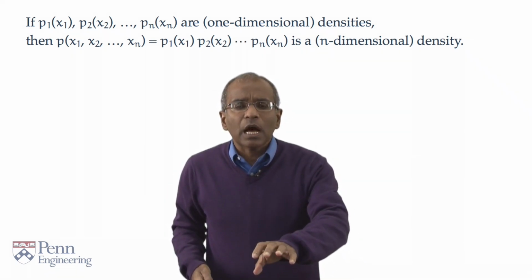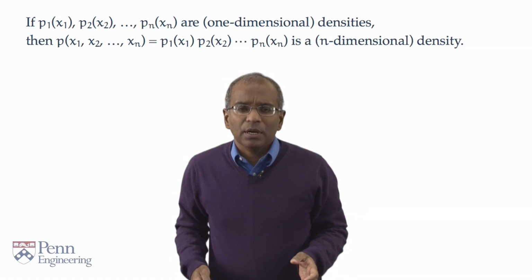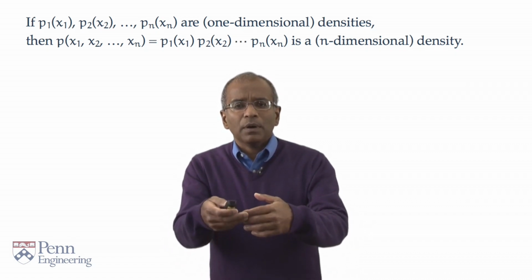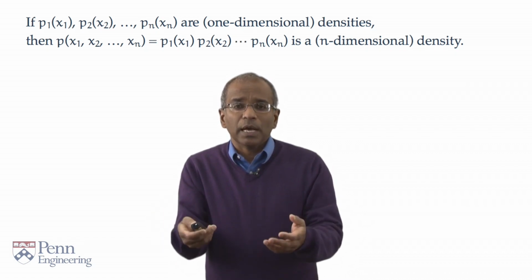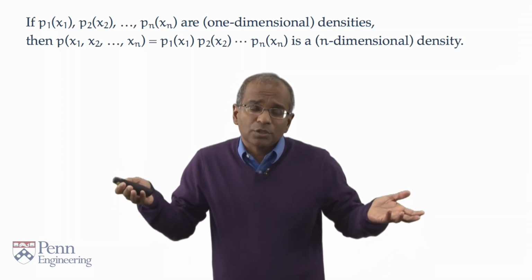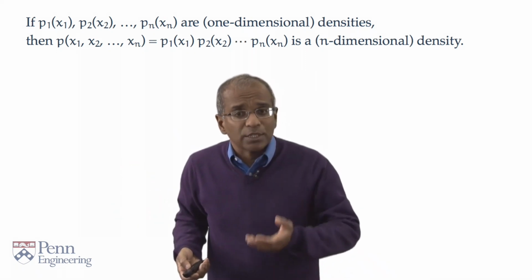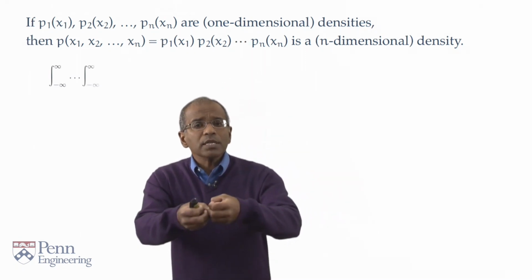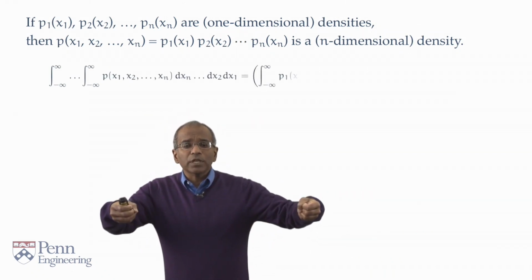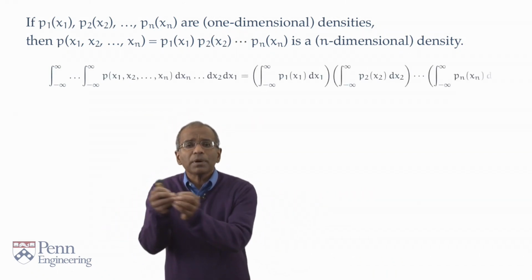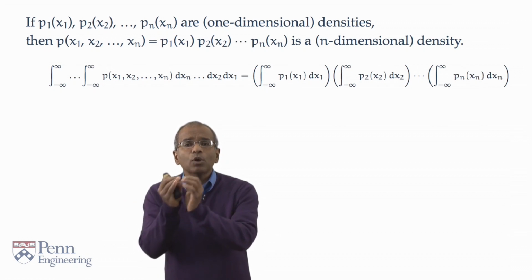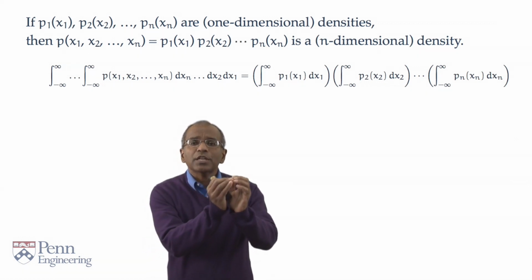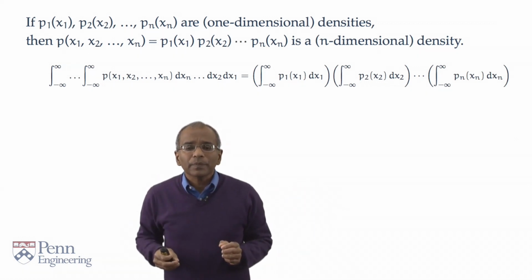The verification now is completely trite. Right? Let's write it down. If you have densities in one dimension, if you multiply them, you're going to get a positive function in n dimensions. No problem there. The question is normalization, as always. What is the n-dimensional integral of this product? Well, we simply separate out the terms and multiply out one-dimensional integral at a time, n of them.